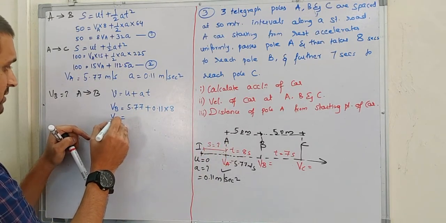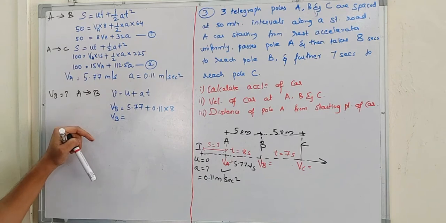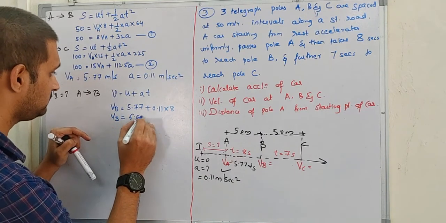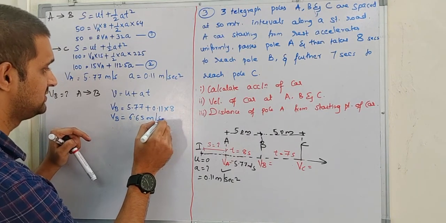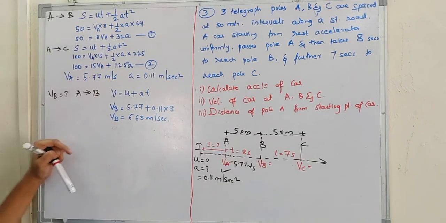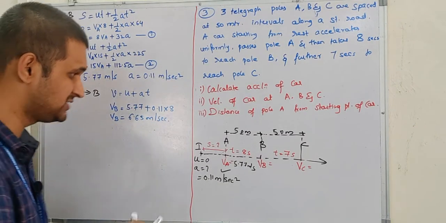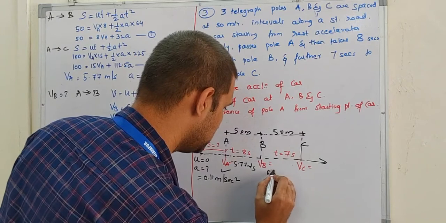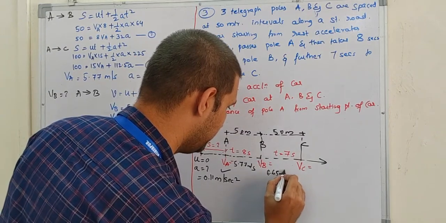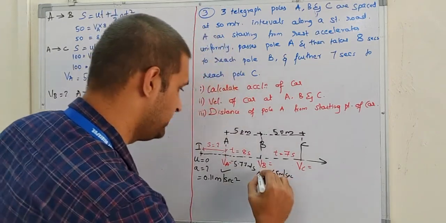So with that VB you should be getting as 6.65 meter per second. Now VB is also known to us. I'll write here 6.65 meter per second.